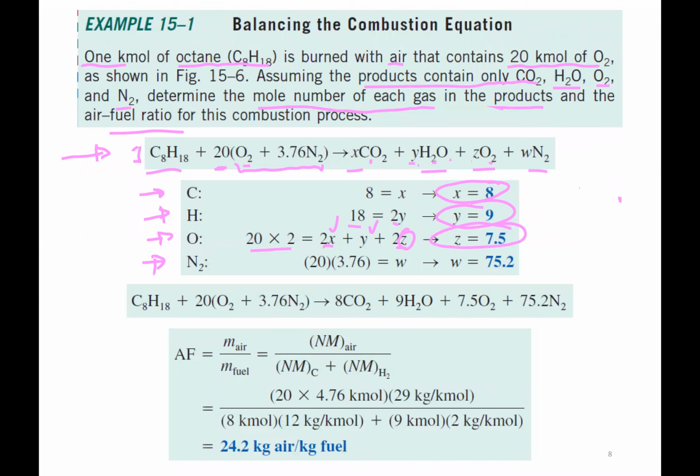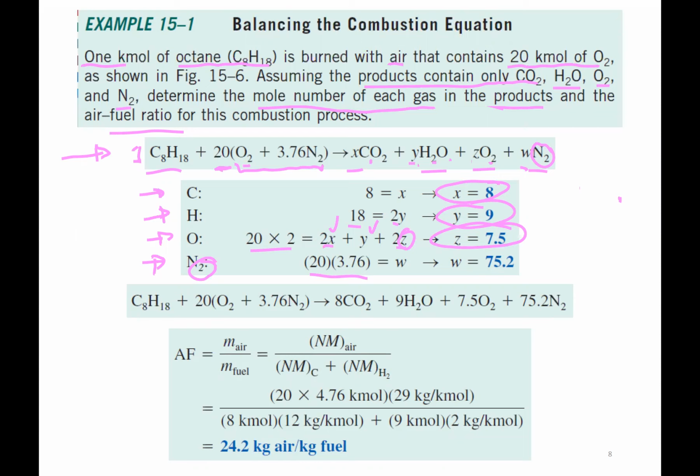And then nitrogen, we have 20 times 2 times 3.76, although that's the way I usually do it, but here they're doing a balance of N2. So they just say 20 times 3.76 because they have N2 on the right. They're basically balancing N2, not N, okay?